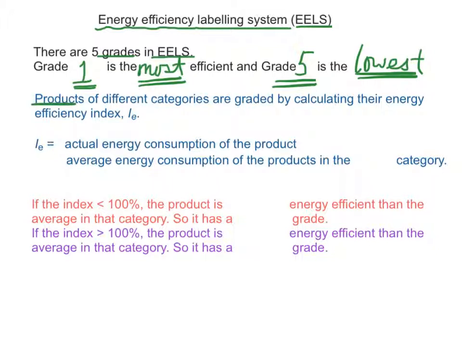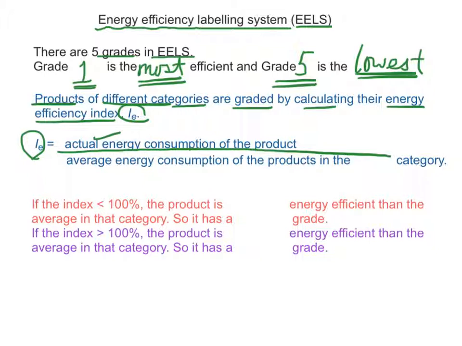The products of different categories are graded by calculating their energy efficiency index, i.e., the ratio of the actual energy consumption by the product over the average energy consumption of the product in the same category.